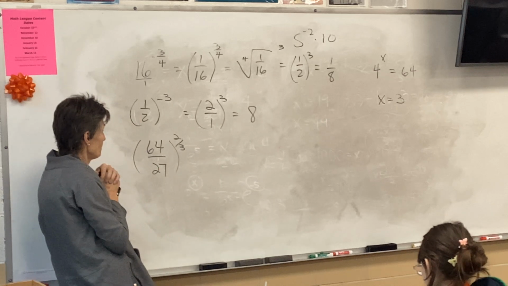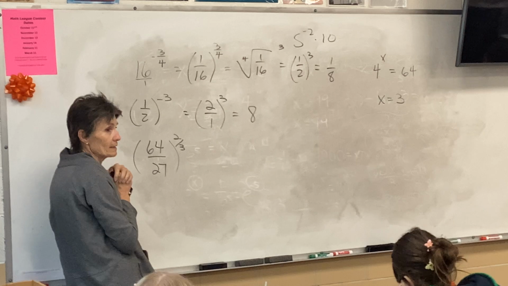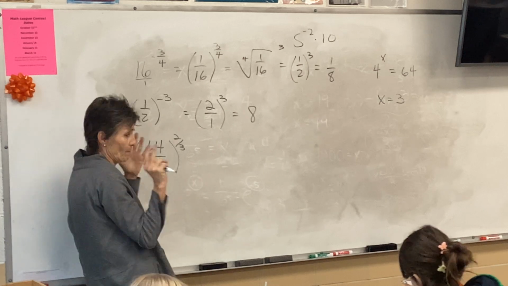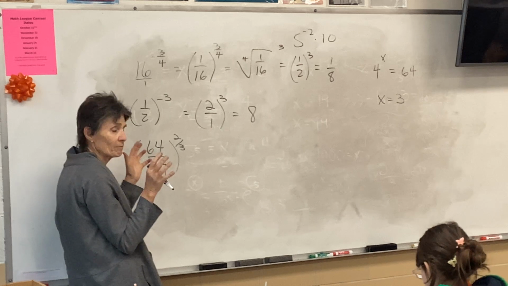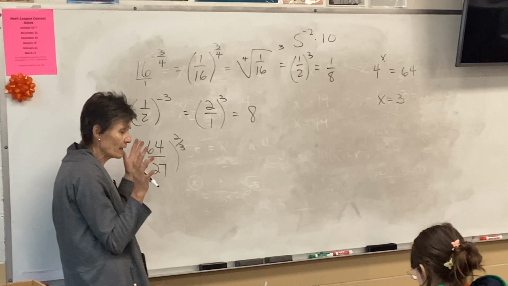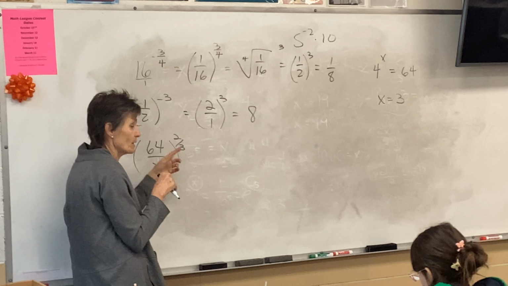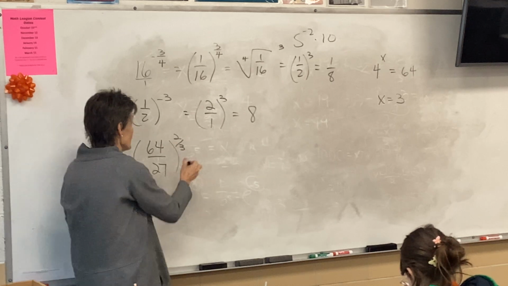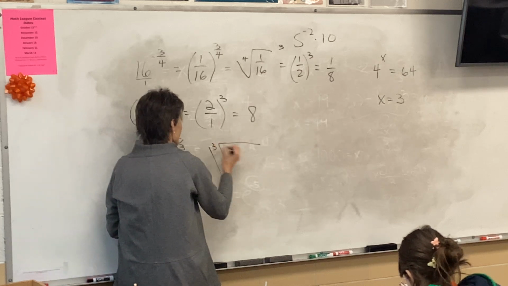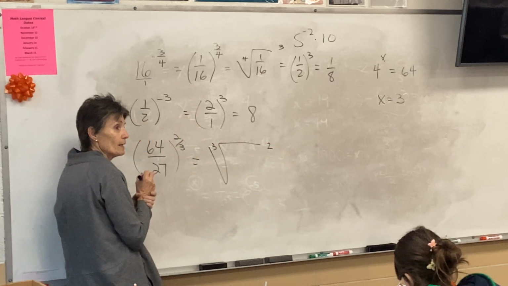What about this one? No flipping. Some of you just flip when you see a fraction. You just start flipping things. No. Why am I not flipping in this one? No negative. No negative exponent. So I leave it alone, but because that's a fraction, I do have to do the cube root, right?